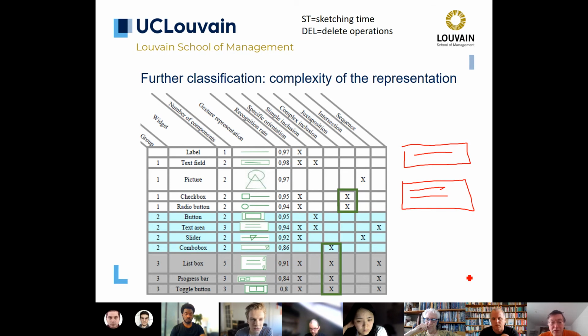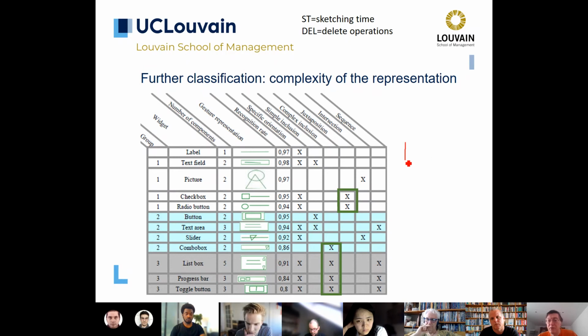So what is interesting, just in that case, but that's an exception, is that if I'm now drawing a one-line text field, it will be recognized like this. And if later, let's say 5 minutes later, I'm adding a second one here, then the system can detect that this gesture has been produced on top of another one, and then it will treat this new one as a text area.